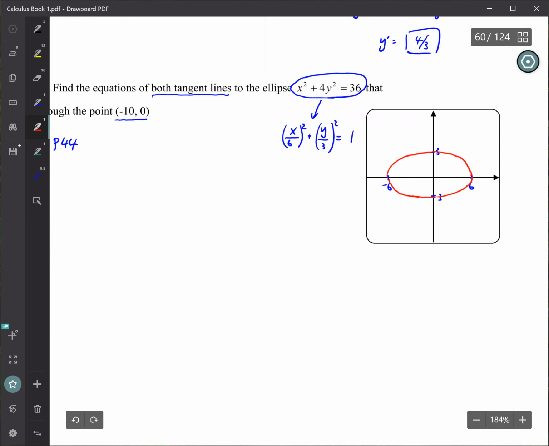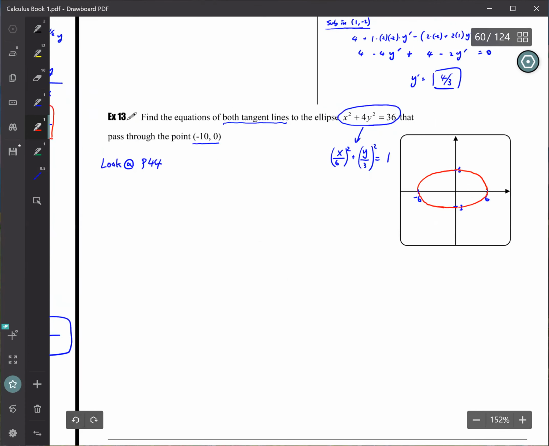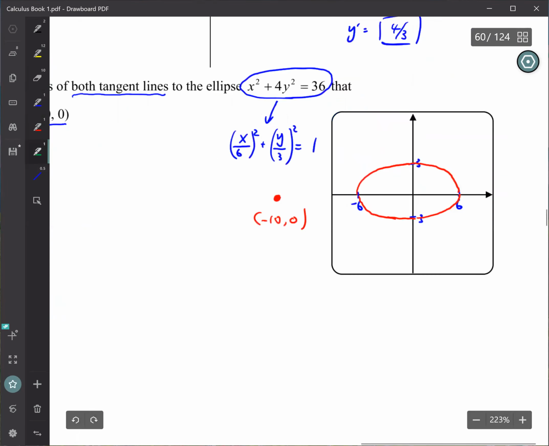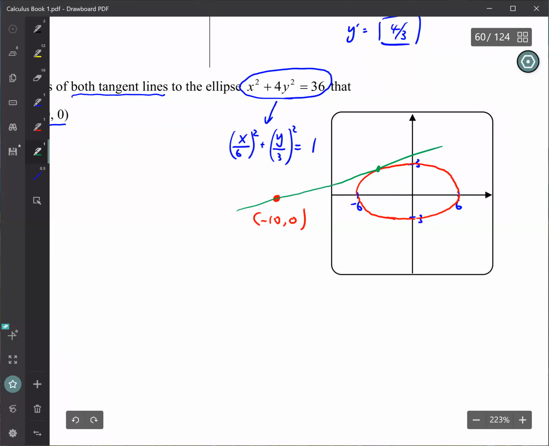Okay, so there's an ellipse, and then there's a point at -10, 0. So of course, -10, 0 is not on the ellipse, right? It's somewhere very far away. So -10, 0 will be here. And the 2 tangent lines that could touch the ellipse, one goes here, and then another one will be symmetrical.